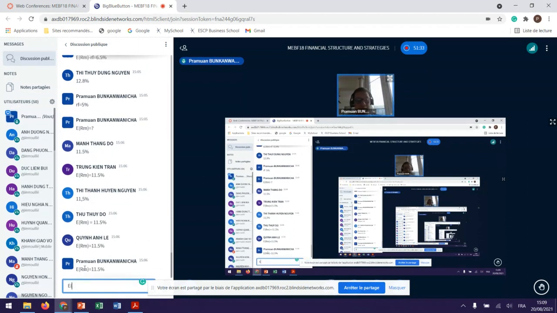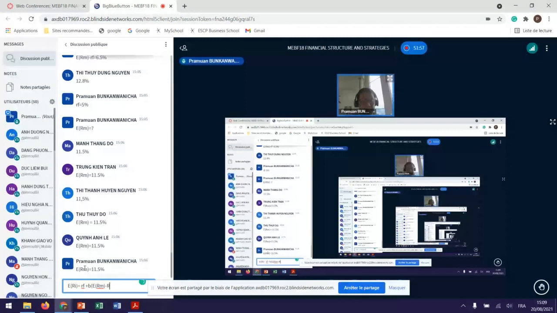The ERI is going to be equal to the RF plus the beta multiplied by the market risk premium, which is ERM minus RF.